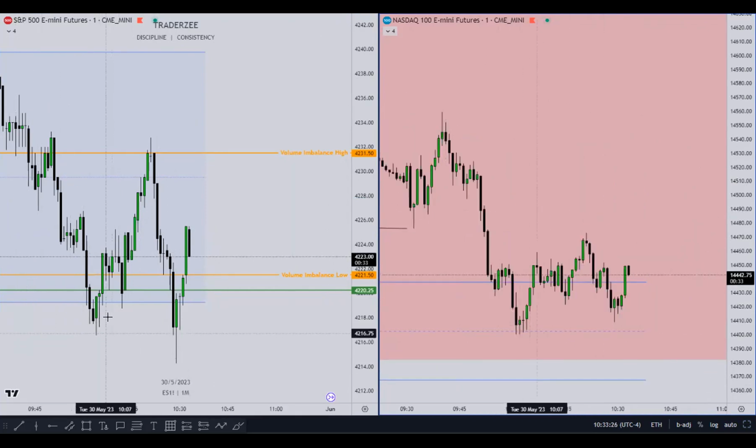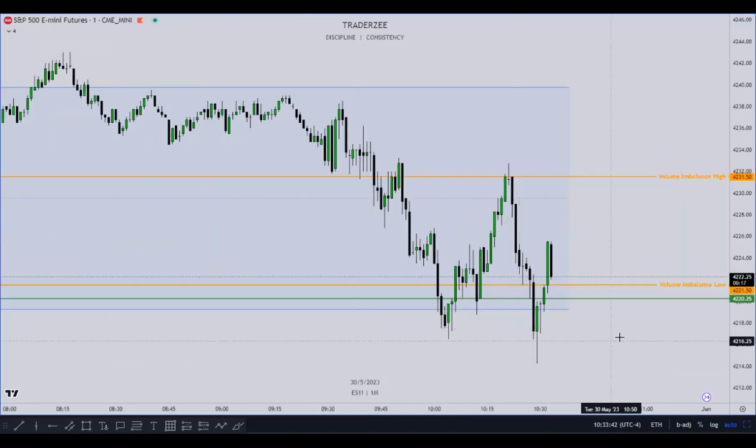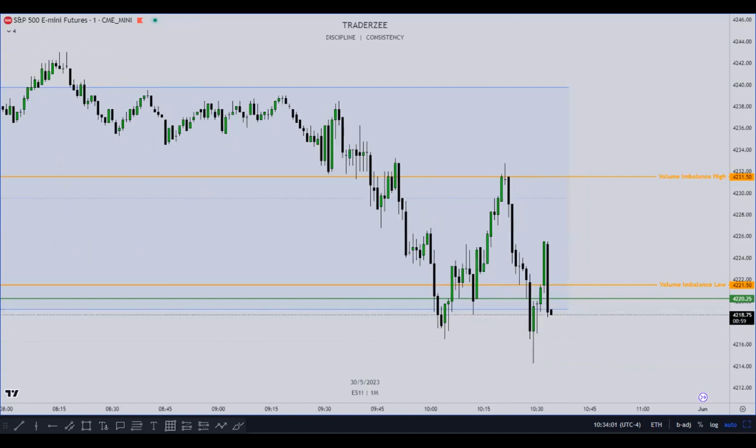We are also keeping in our minds a higher time frame. New week opening gap high. Dollar going for sell side.